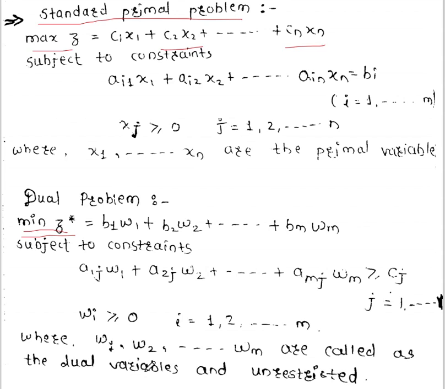Here w1, w2, wm are called the dual variables and they are unrestricted. So this is the dual problem of this primal problem. Okay, so this is the conversion of the primal to the dual problem.